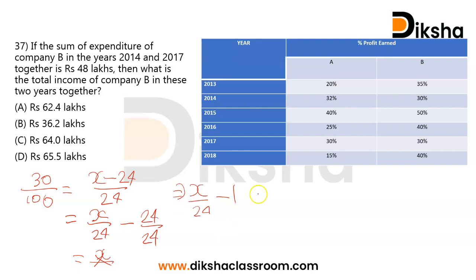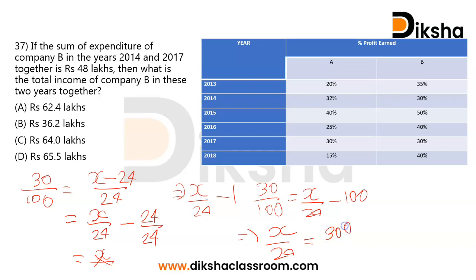So you got 30 by 100 equal to x by 24 minus 1, from which you get x by 24 equal to 30 by 100 plus 1.